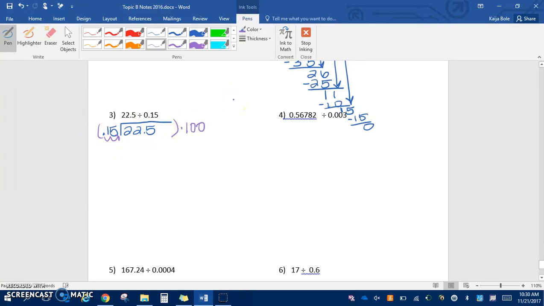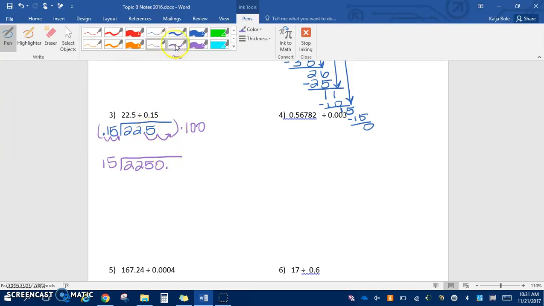So now if I were to rewrite it, on the inside here, I would have 22. And now if I move this over 2 places, I'm going to have to add a 0, which is perfectly fine. So this would be 5, 0, and then my decimal would be there. And then this would be 15.